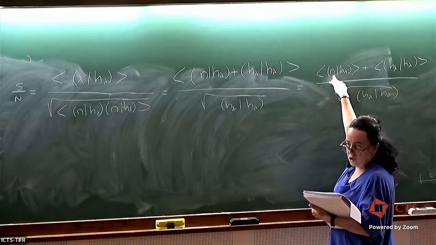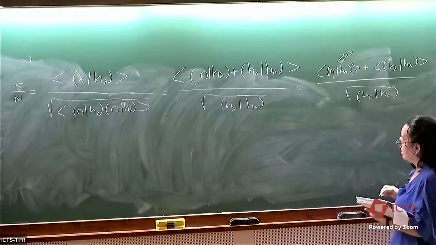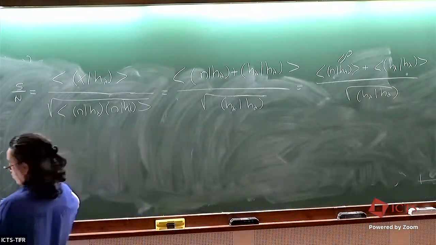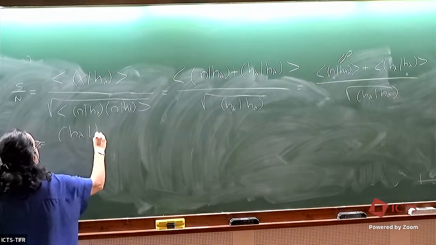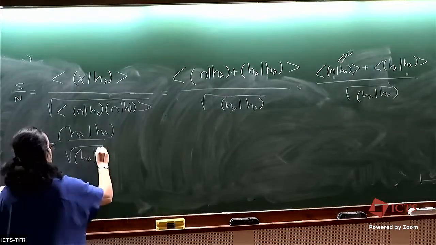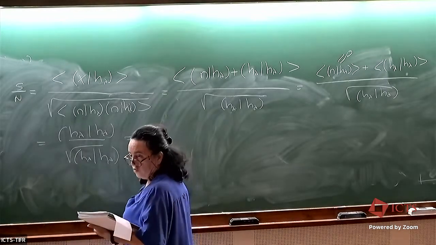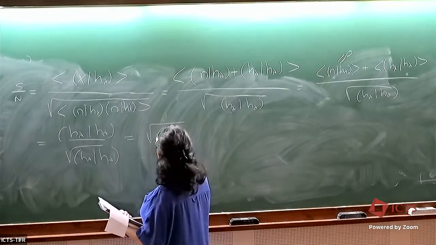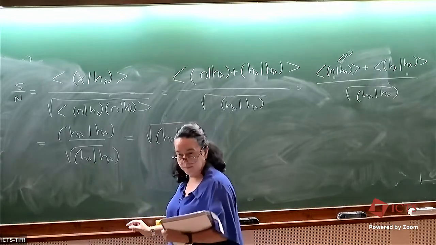If I say that the noise was zero mean, then this quantity is zero. This is completely deterministic. Therefore, I'm getting that this is h lambda, square root, h lambda, h lambda. So therefore, if I do matched filtering, the optimal filter, the maximum SNR I can get is this quantity here.